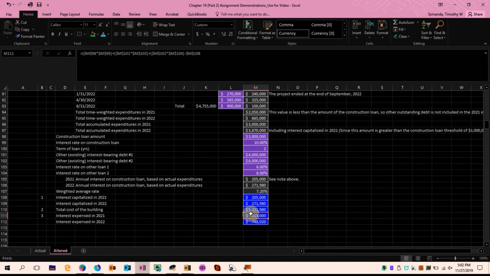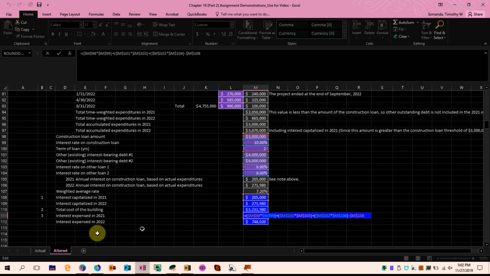And then we lastly have to determine what the interest expense is. So again, this is just the interest rates applied against all 3 loans, less what was capitalized each year. So in the first case, how much is to be expensed? We're going to take the construction loan amount times the interest to get the gross amount of interest, plus we're going to take the 6% times $4 million, plus 8% times $6 million, and then we're going to take out or deduct for the first year in 2021, we're going to deduct the amount capitalized at $205,000.